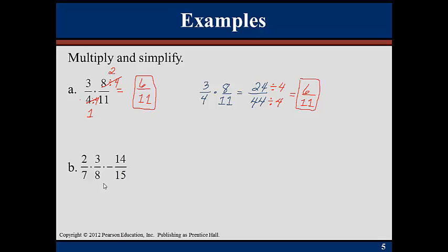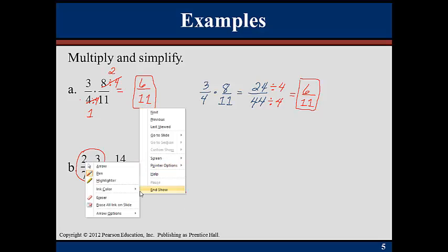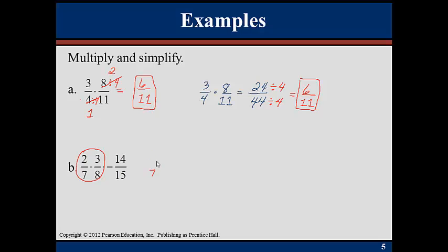So for part B, we have 3 fractions multiplying together. We're going to try to cross simplify. Let's start with 2 over 7 times 3 over 8.